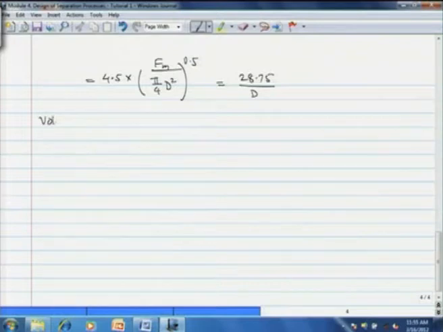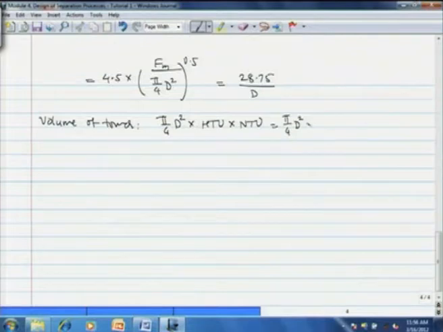Now, the volume of the tower. Volume of the tower is cross sectional area into the height, which we write in terms of HTU and NTU. So, this is pi by 4 d square into 4.5 into Fm by pi by 4 d square raised to 0.5.